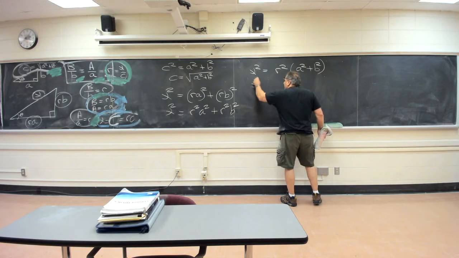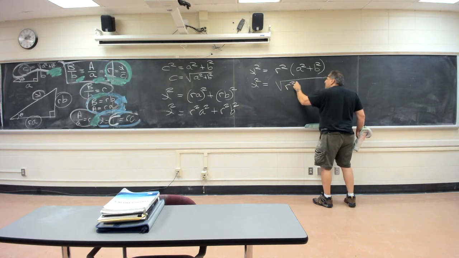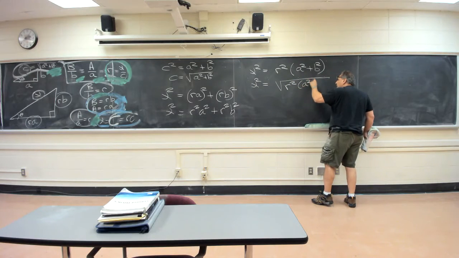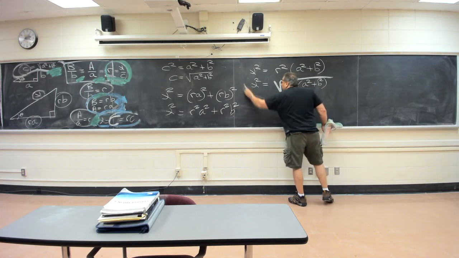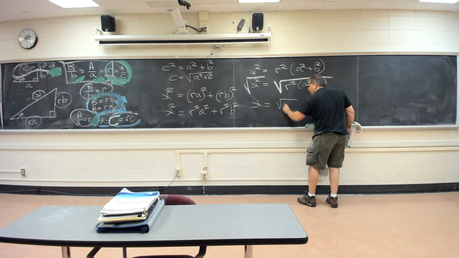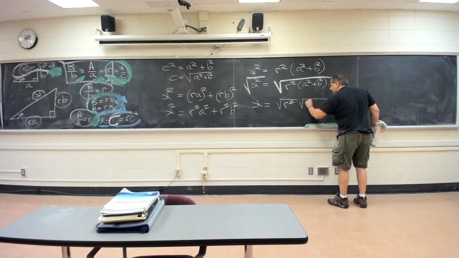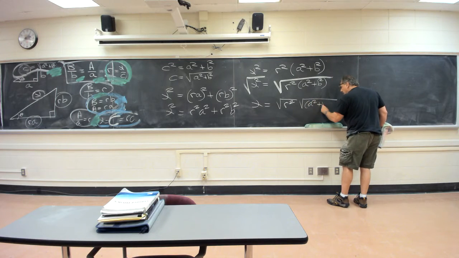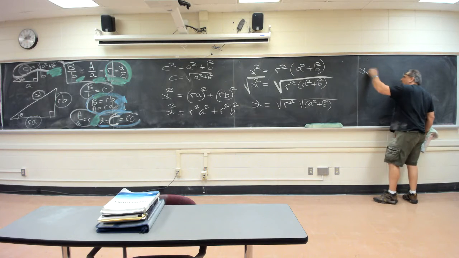Square root both sides. The square root of a product is the product of the individual roots. The square root of r squared is just r.